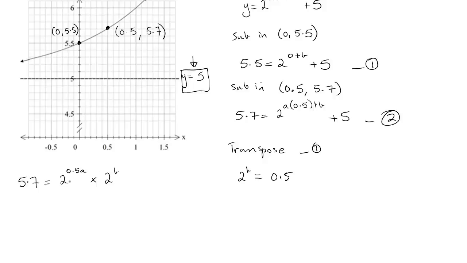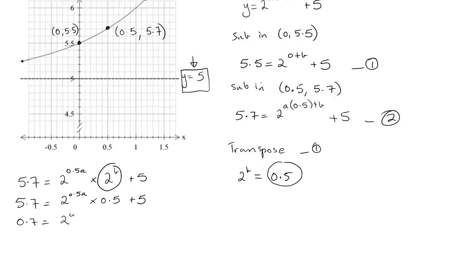Okay, so the powers are adding. That means you can split apart the bases and write something like this. Now, the benefit of splitting up the bases is that we know the value of 2 to the power of b. It happens to be half. So we'll just replace it with half plus 5. We'll move the 5 over to the other side. That's 0.7 equals 2 to the power of 0.5a times half.